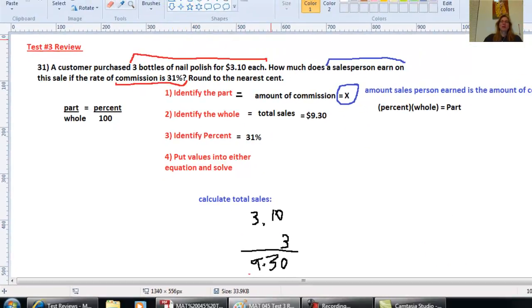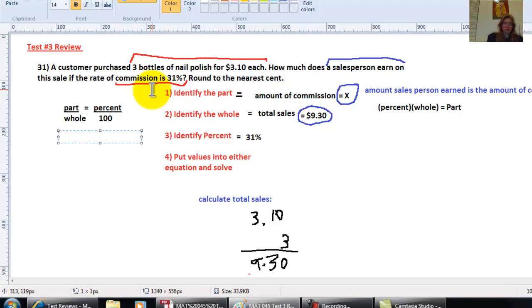Okay, so we've got our parts of the equation. We have part, which is x, whole, which is $9.30, that's the total sales, and the percent, which is 31. So let's use our equations. We can use this one, and we can use that one. So we'll solve using both. We'll plug in our part, which is x. x equals the percent, which is 31. And remember, when you use this particular type of setup, you do not need the percent sign.